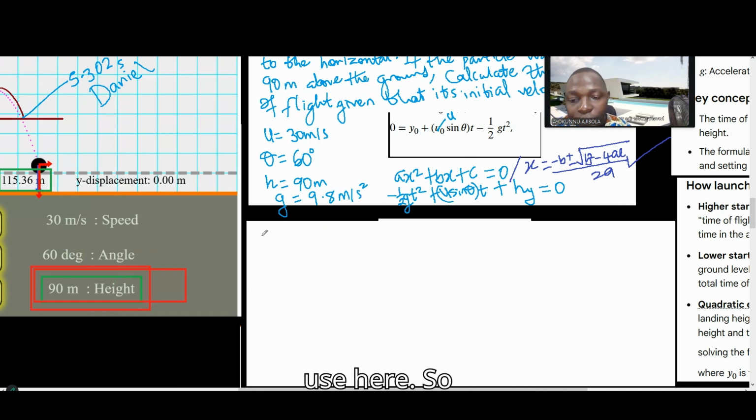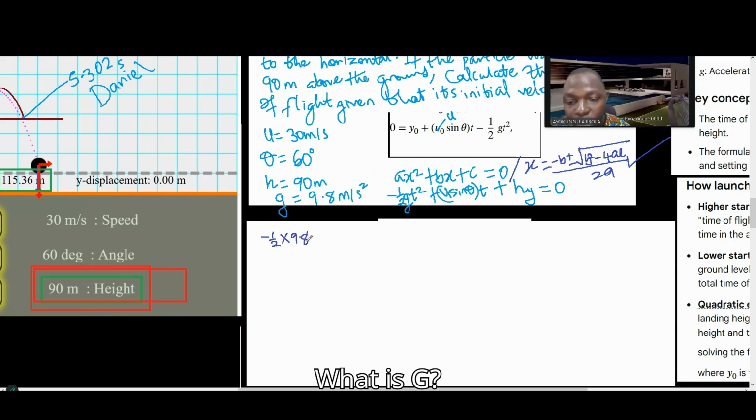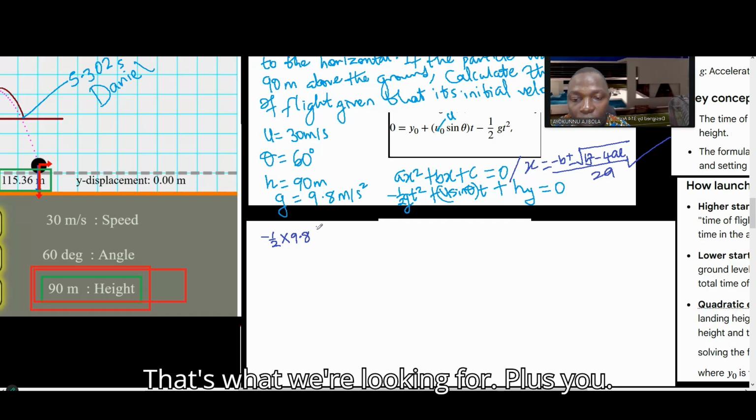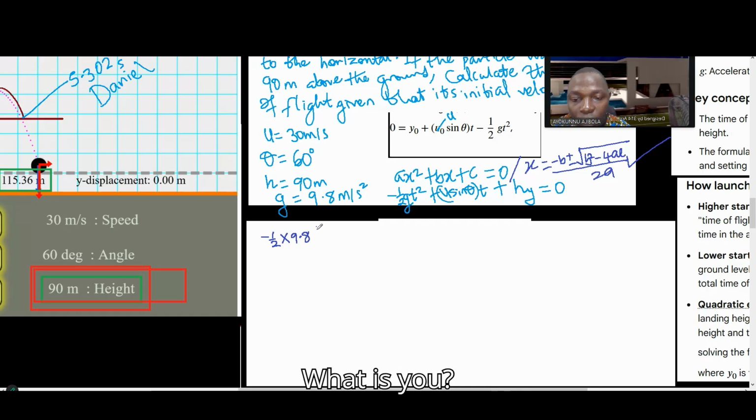So we have minus half times g. What is g? 9.8. Then t squared. t is what we're looking for. Plus u. What is u? u is 30 sine 60, times time.